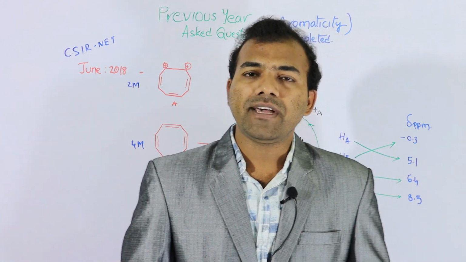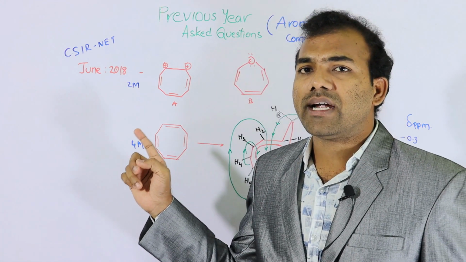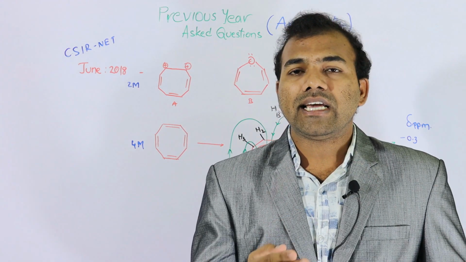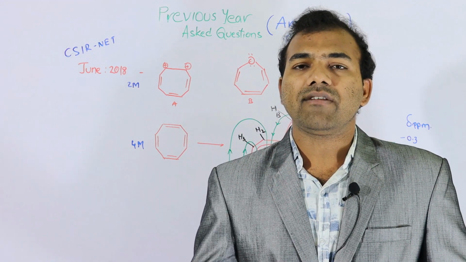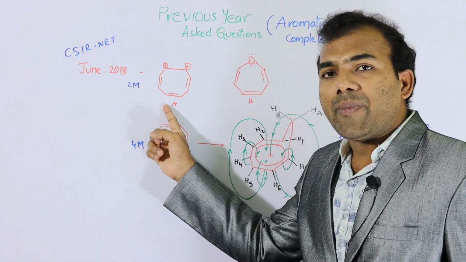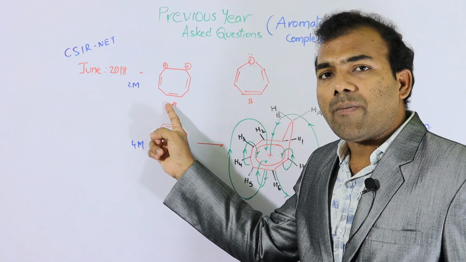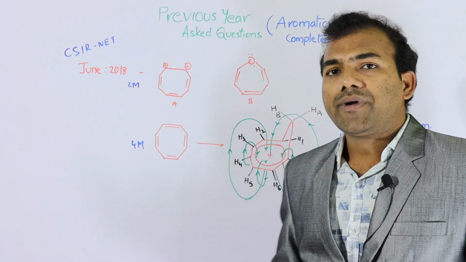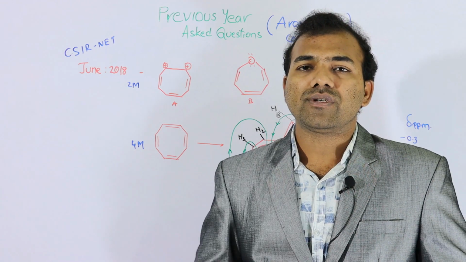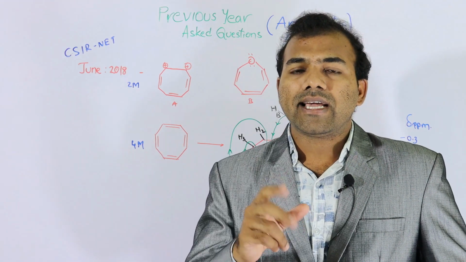But if we remove two hydrogen atoms and this structure is formed, he is indirectly testing whether we have a fair idea of aromaticity. This compound is a dication. After removal of two hydrogens from two carbon atoms, we got a dication.